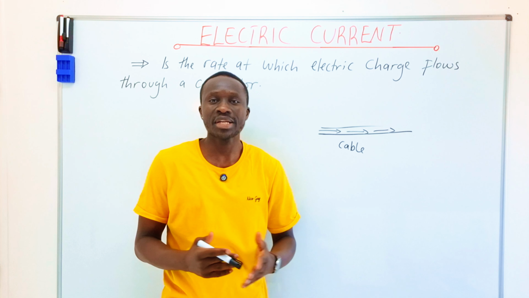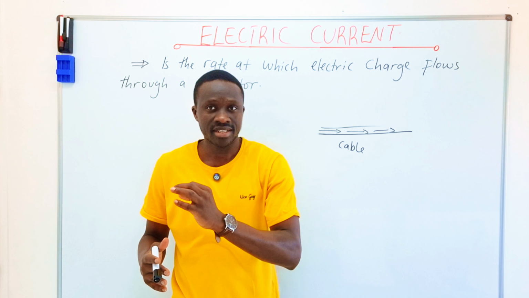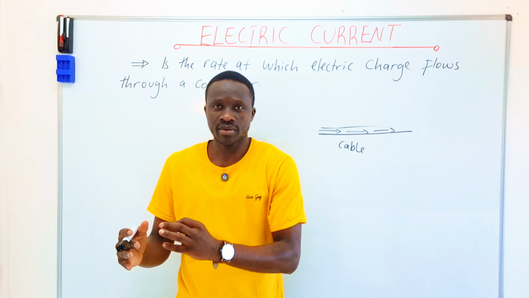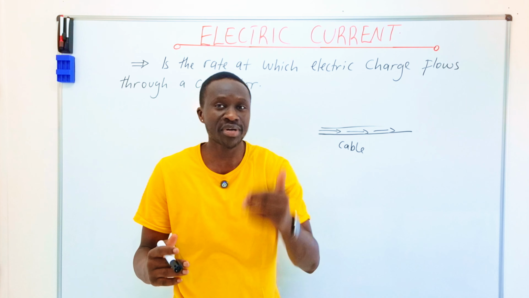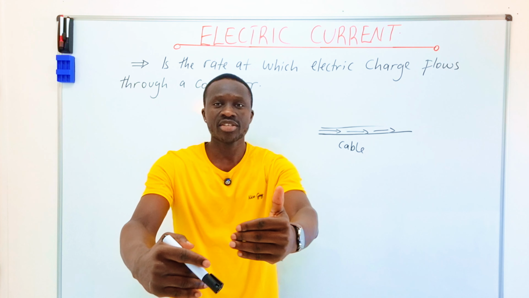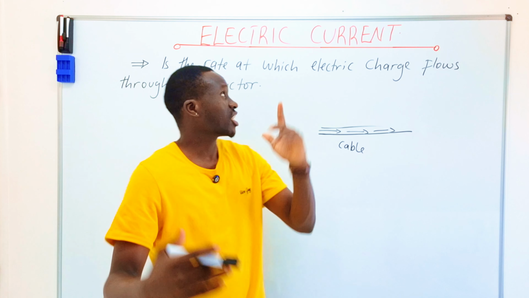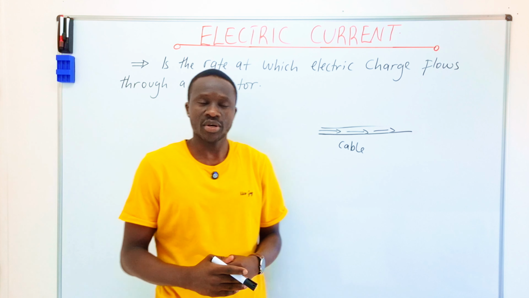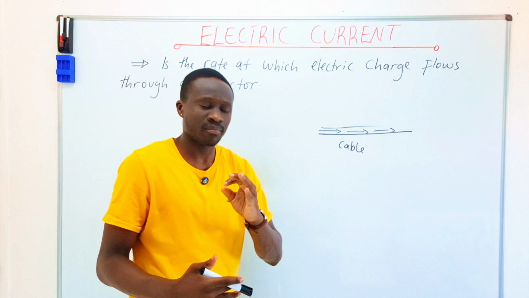That's why you will find some places where they indicate high current or high voltage. Remember, a voltage is present only to push the electric charge, and once the electric charge moves, we have electric current. That is the principle you need to have.